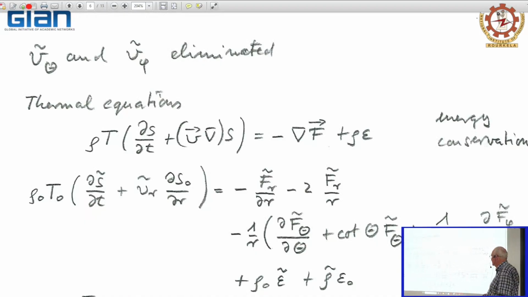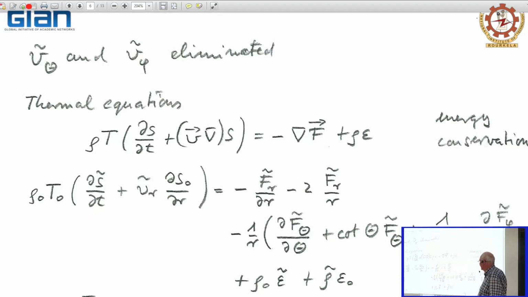There is no difference, but the divergence of the flux is now, of course, much more complicated because the divergence of the flux involves two terms with the Eulerian perturbation of the radial component of the flux, and of course components which involve the theta and phi components of the flux.